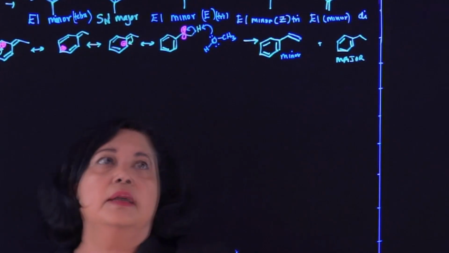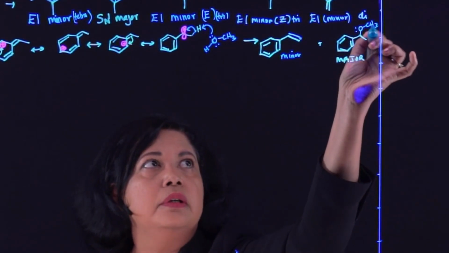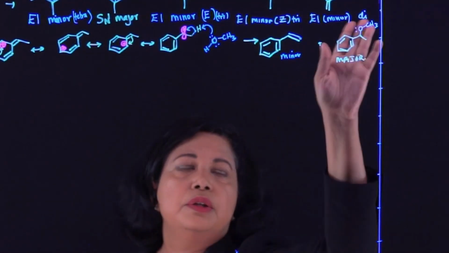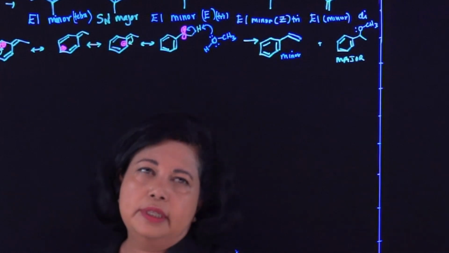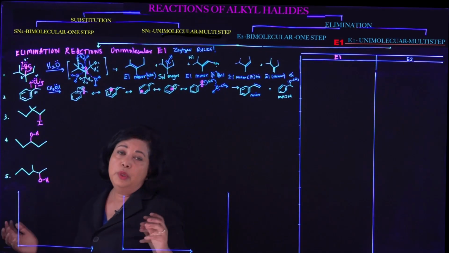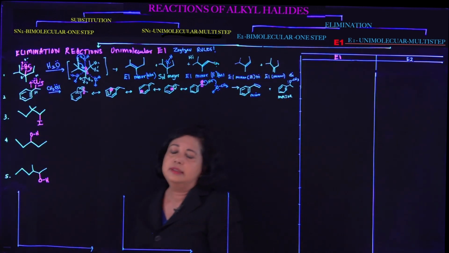You can hike up the amount of E1 by increasing the temperature, but you're still going to get a huge amount of SN1 even at high temperatures, okay? If you heat it way too much, then it's just all going to evaporate and distill out, you see? So there's a limit.